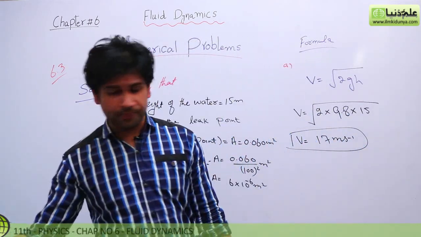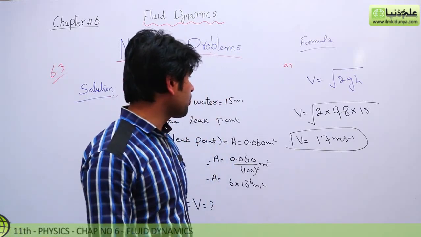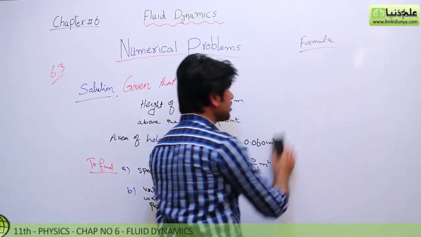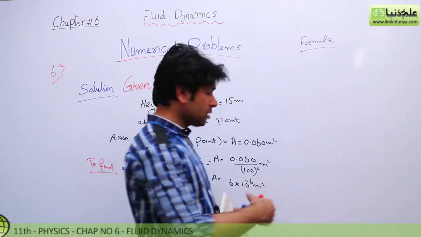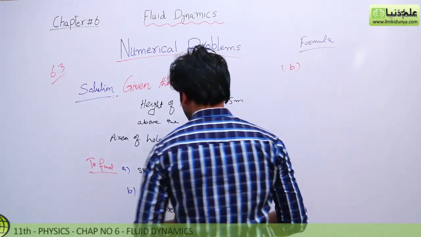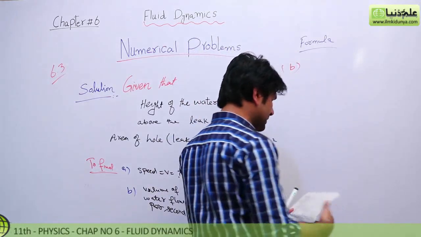We will have to solve point B. Hope you have noted down this. Now we are going to find out the solution for statement B, which is the volume of water flow per second.